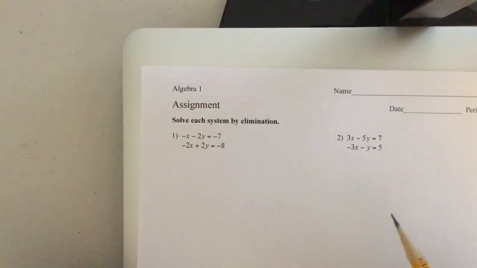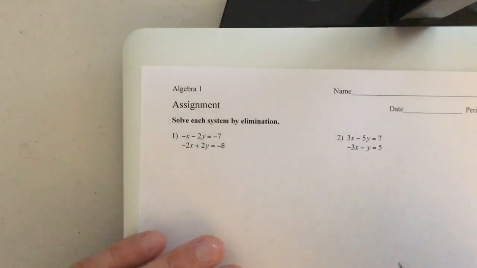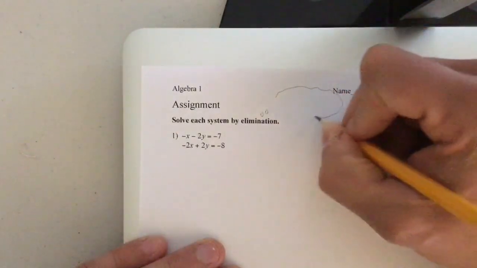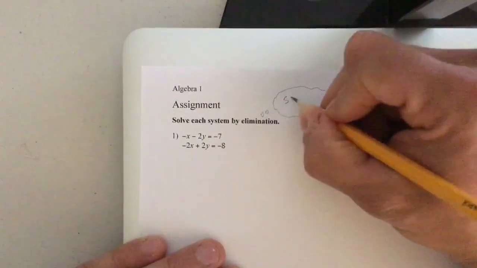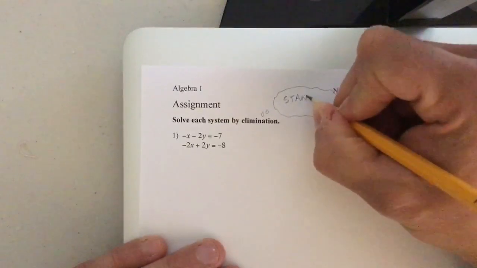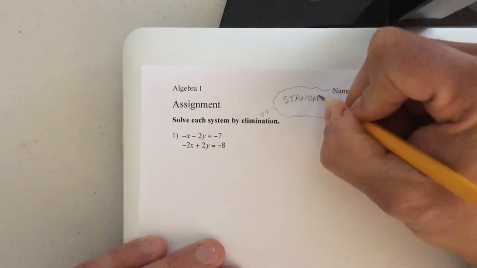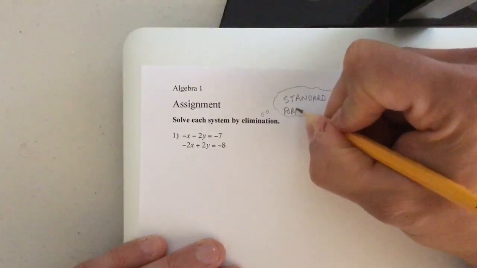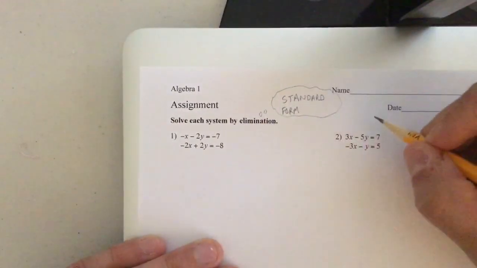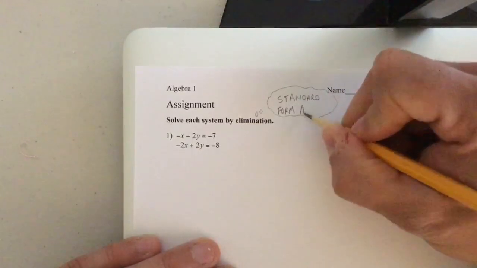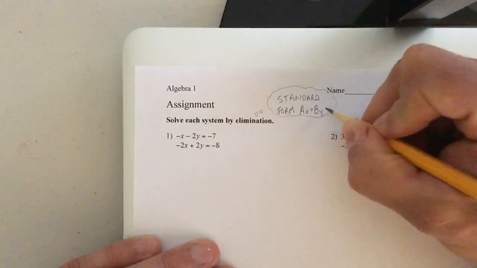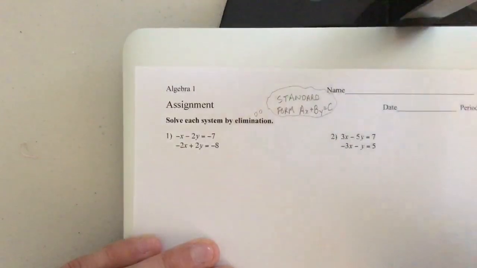Solving systems by elimination. The one thing before we even officially get started that we want to get used to with elimination, we want to make sure that our equations are in standard form. And if you're saying, Mr. Herr, I have no idea what standard form even is anymore, not yelling, just telling, it looks an awful lot like ax plus by equals c.